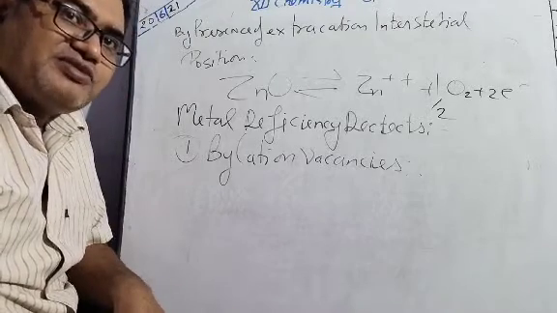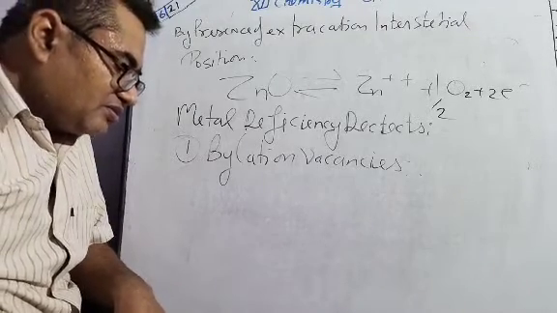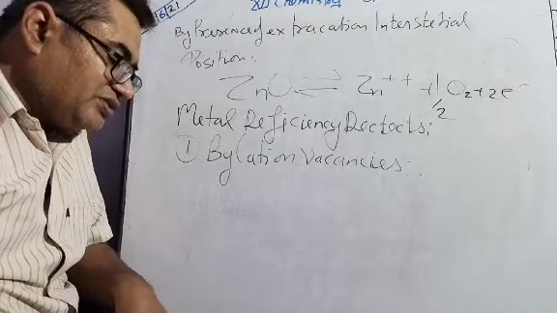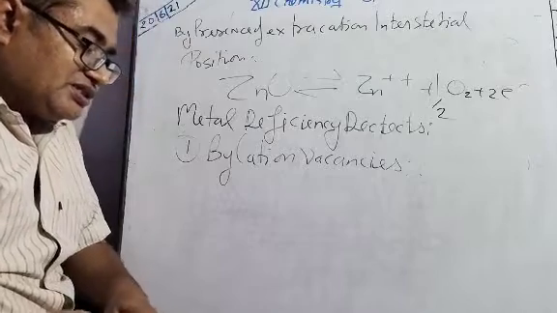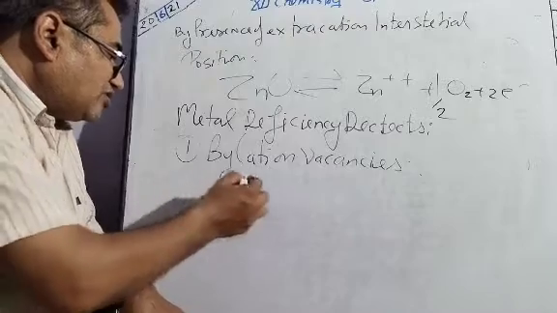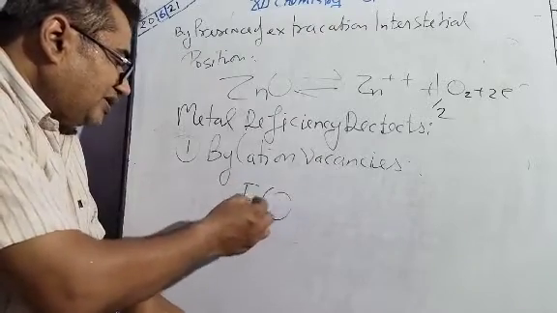When cations are missing from the lattice site, the metal deficiency is formed. This is simply found in iron oxide, FeO.